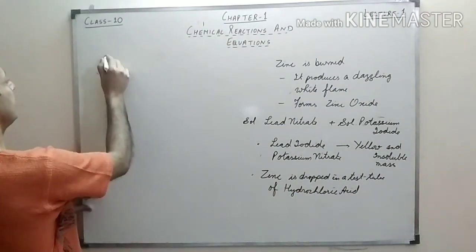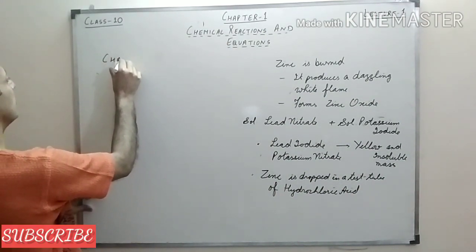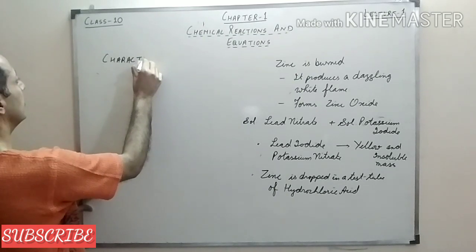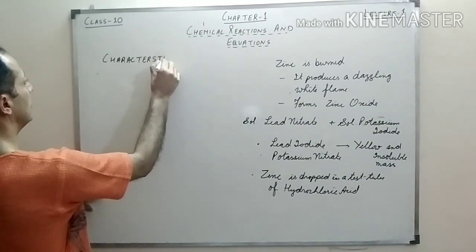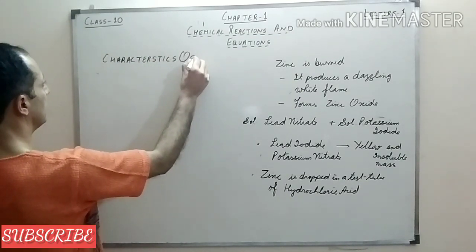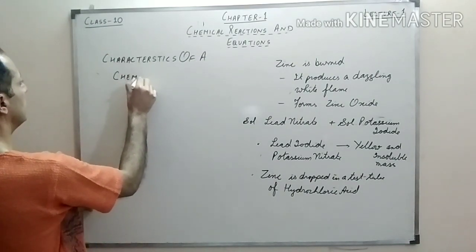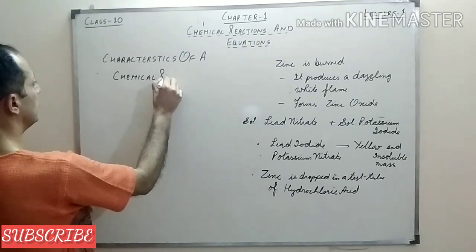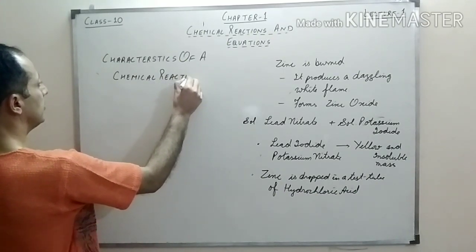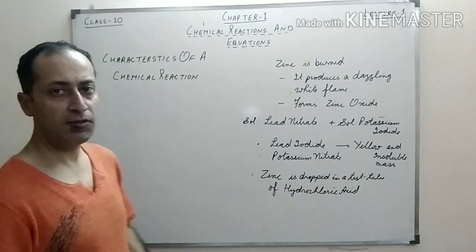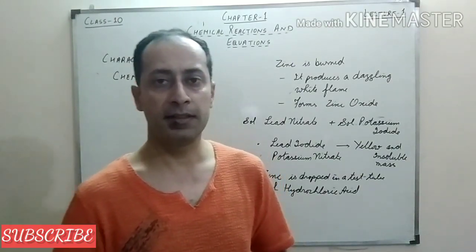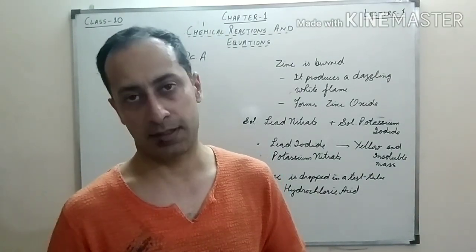So, talking about the characteristics of a chemical reaction. What are the things happening when two things react?